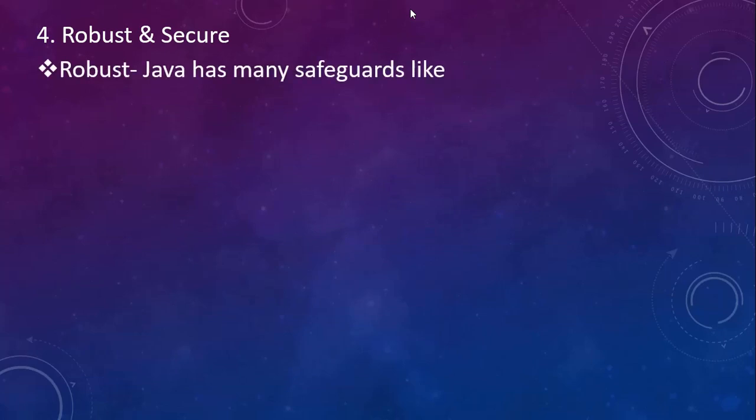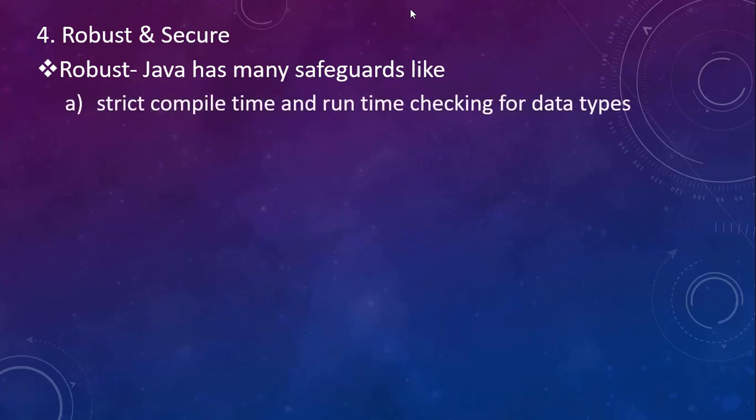Robust. Why robust? Because Java has many safeguards, like strict compile time and runtime checking for data types. Java has automatic garbage collection. Remember, in C++, whenever you create a constructor, you have to write a destructor, right? When you write a destructor, the compiler will destroy an object when it finds that it is no longer in use.